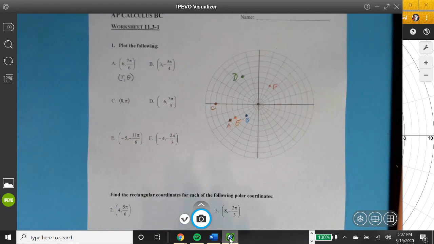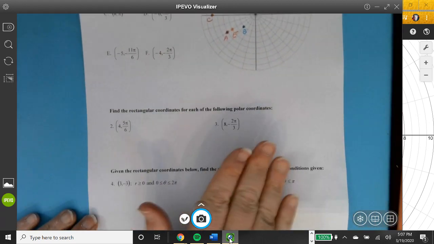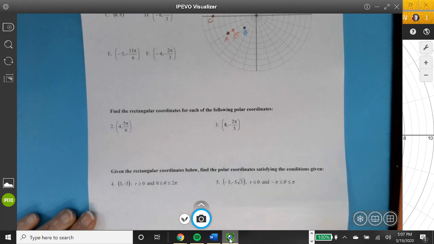Okay, so this was just an intro to refresh your memory on how to graph polar points. Okay, and then to refresh your memory on how we transition between rectangular coordinates and polar coordinates.